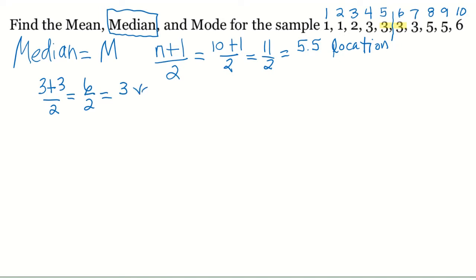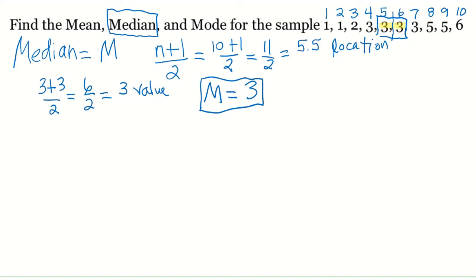So this is the value. So that means our median M is going to equal 3. Now you'll notice in this particular problem, the two values that our location is in between are the same number, so that's automatically going to tell us that our data value is going to be 3. But if those were different, then we would get the average.